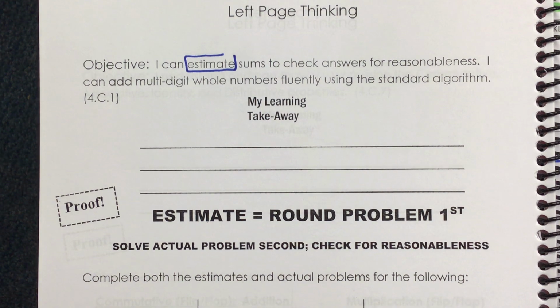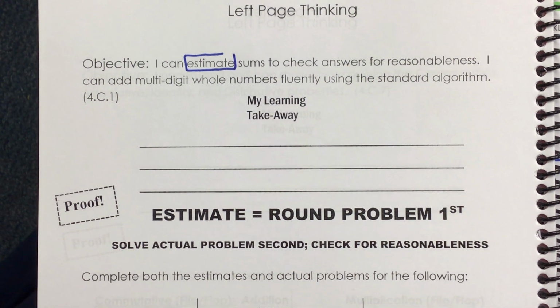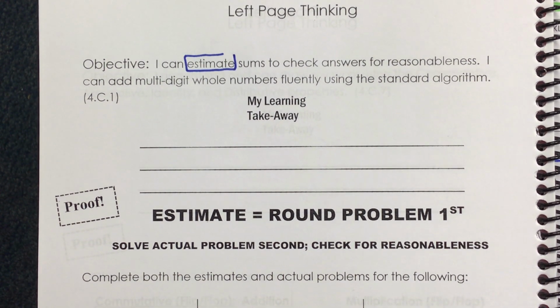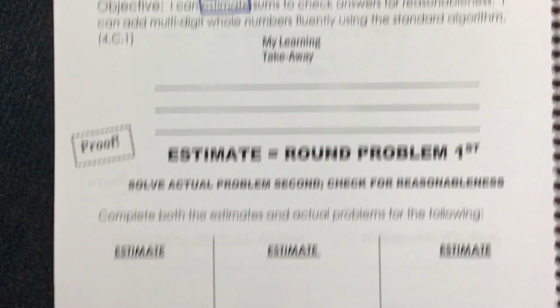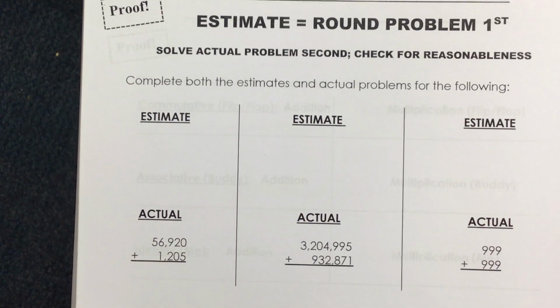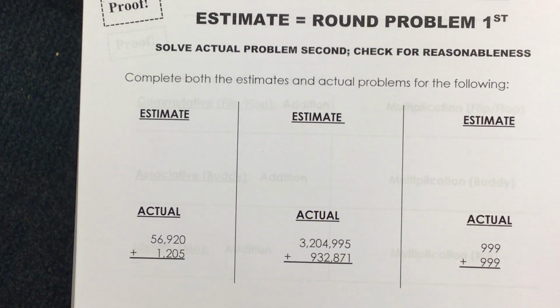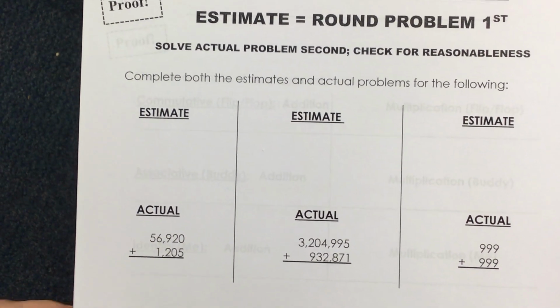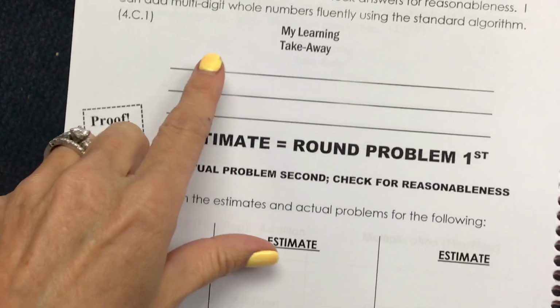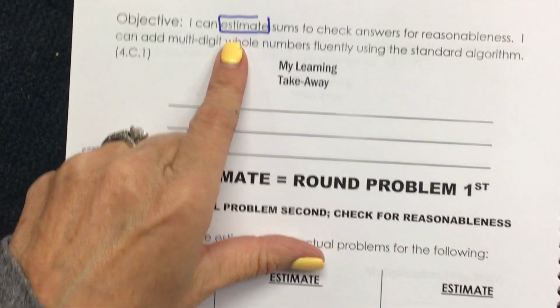Trevor? Not guess. I mean, I can't just say, oh, 56,920 plus 1,205, oh, it might be around 70,000. I'm just going to guess at it. What does it mean? Trevor, go ahead. Try again.